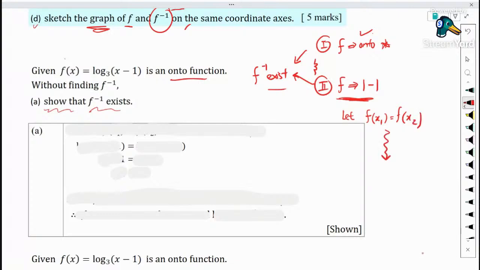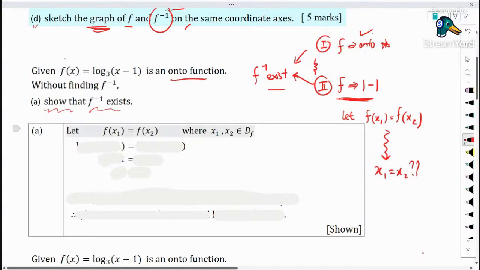Then at the end, do I have both of them actually being the same input? I put a question mark: do they happen to be the same? Yes or no, we're not sure, but we need to figure it out. So we start our calculation by making the assumption, let f(x1) equal f(x2), where of course x1 and x2 must be within the domain. If not inside the domain, then this calculation is nonsense.